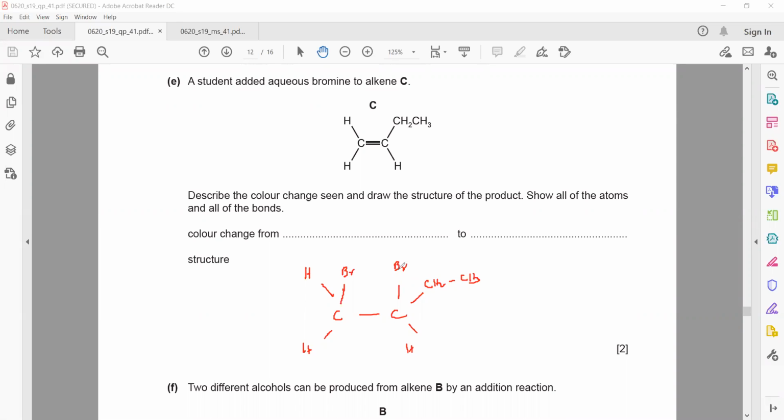So basically an addition reaction occurs, and it is not necessary to put the bromines up. You can put one bromine on the right and one on the left. The idea is that the two carbons which initially had the double bond, the bond will break and the two bromine atoms are added to the structure.